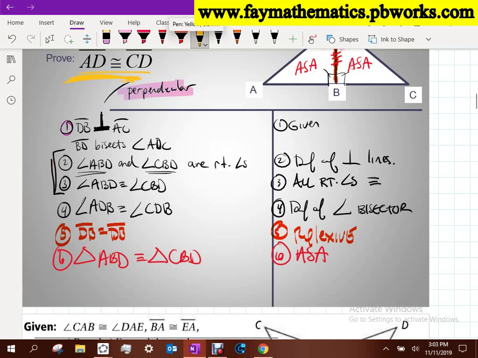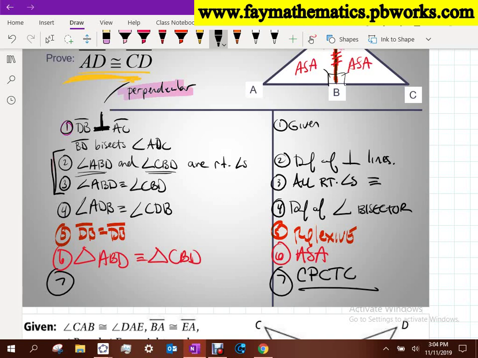Is that what I wanted to prove? It wasn't, was it? So the next thing, what is this reason right here going to be before we even write down what the statement is? Remember that, CPCTC? Okay, we said 99.9 repeating percent of the time, if you've got an ASA, SSS, SAS statement, it's going to be followed by CPCTC.